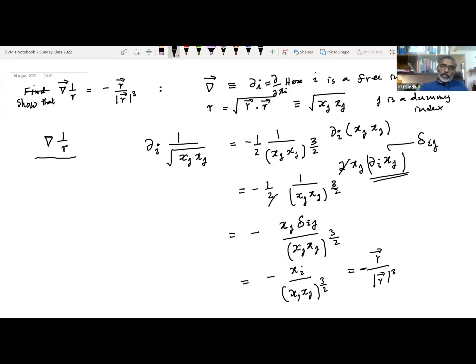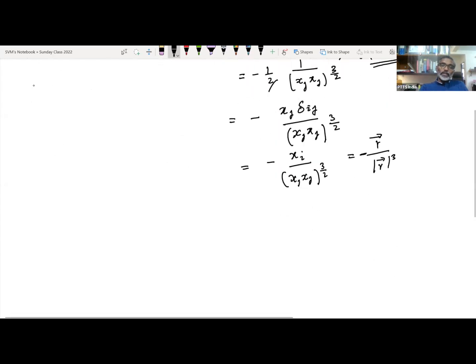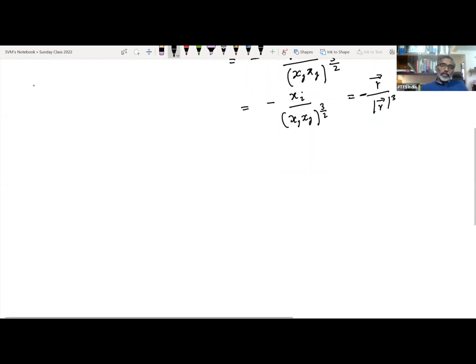Okay, so this is one thing which is very useful. So let me just illustrate this, how this is used in so-called electrostatics or also in magnetostatics. In electrostatics, we have something called multipole expansion.